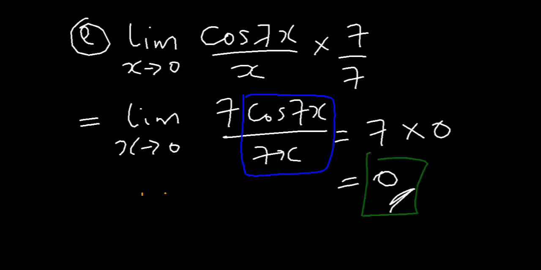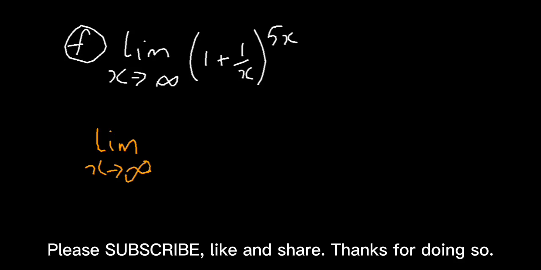Now, let's have another example. For the limit when x tends to infinity of (1 plus 1 over x) raised to power 5x. For this, remember that the limit when x tends to infinity of (1 plus 1 over x) raised to power x is equal to e.